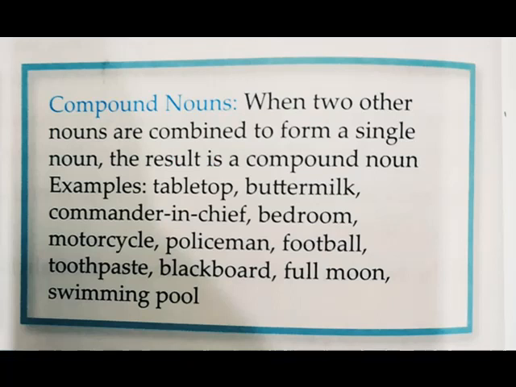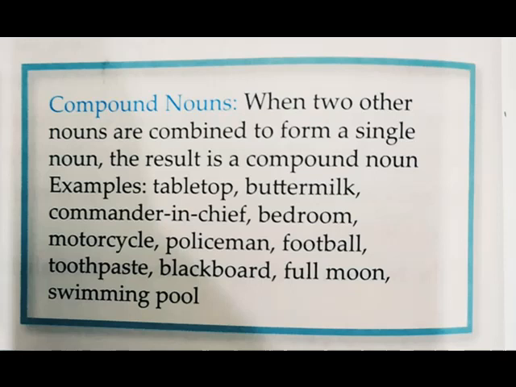After a material noun, we will see what a compound noun is. Now, it is made with the help of a general name. The meaning of compound is something that consists of two or more. It means when two or more words are combined to make a single word noun, that is known as a compound noun.